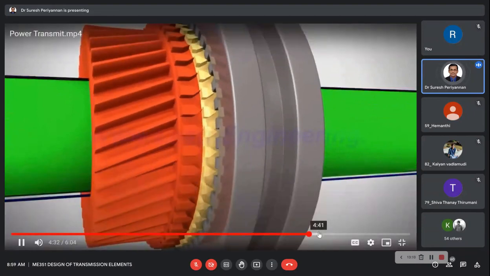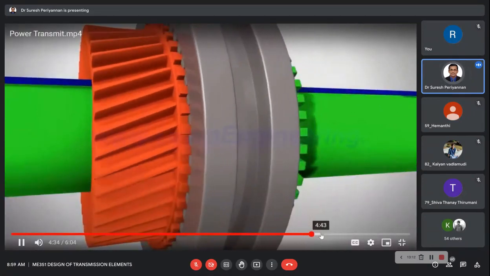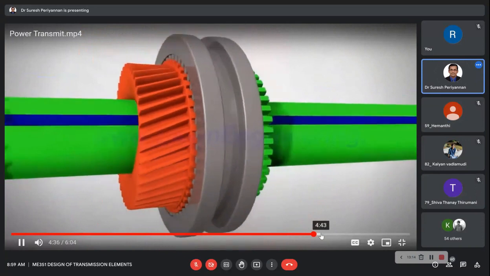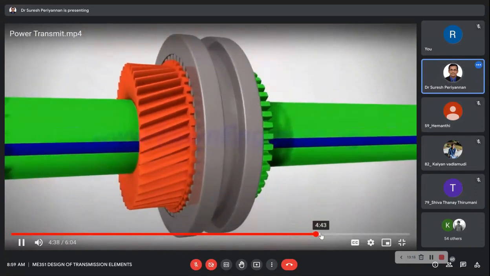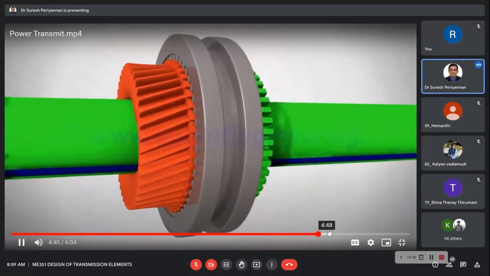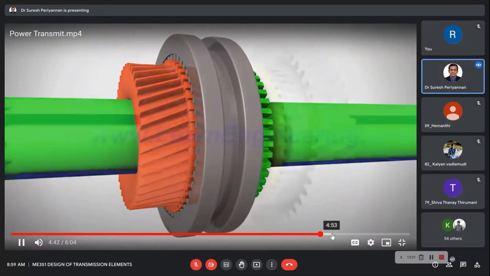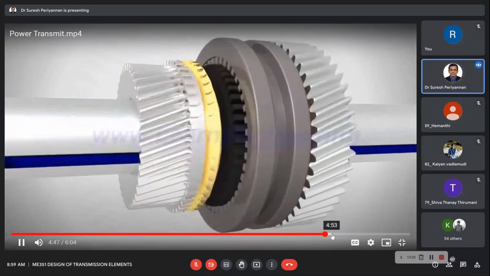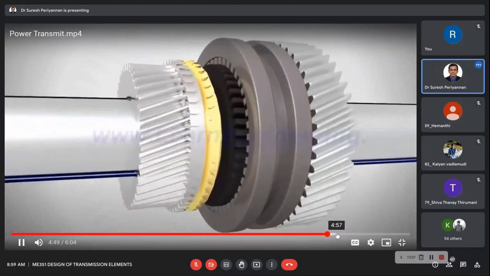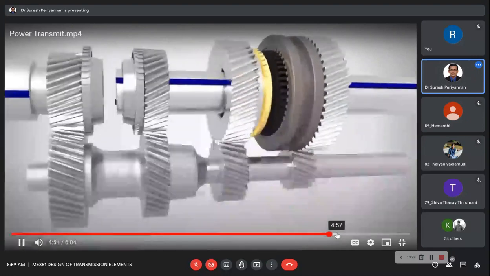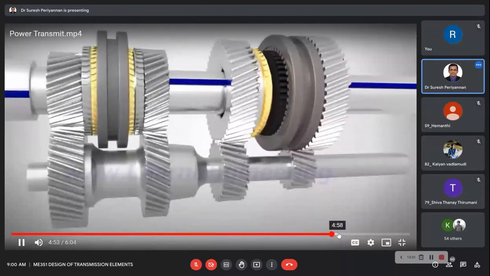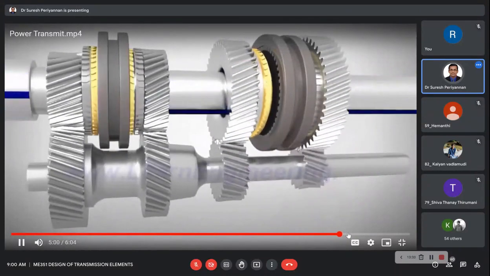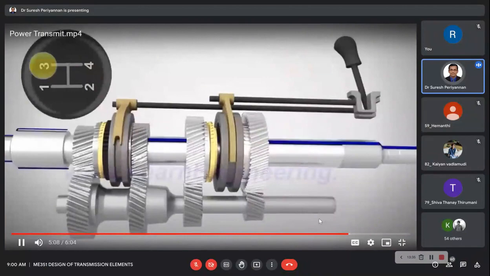At this time, the sleeve can be slid further and it will get locked with the gear. Thus, the gear gets locked with the shaft in an efficient and smooth way. The same mechanism is employed to shift to other gears, such as first gear and fourth gear.